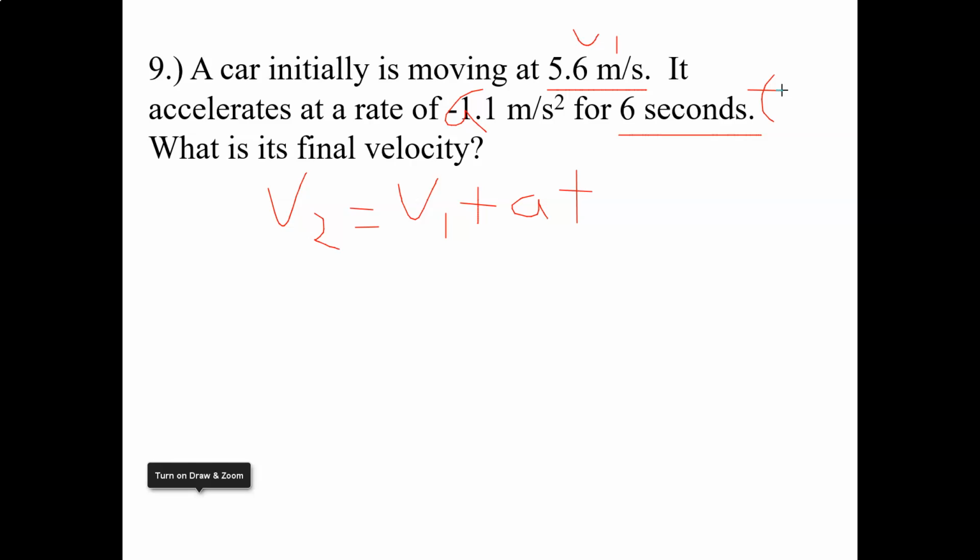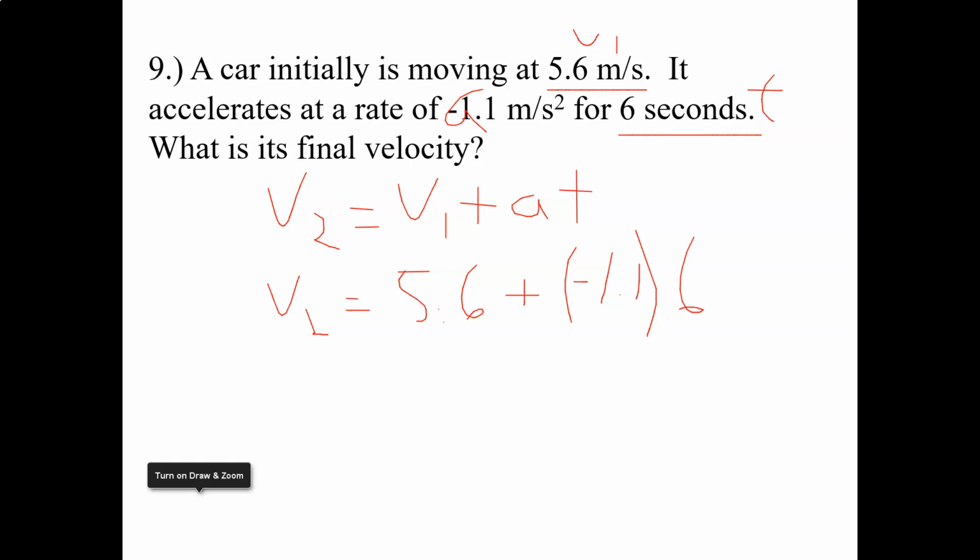I'll give you both forms on the test. You do not have to memorize equations in this class, but you have to know how to use them and do the algebra. Okay, so v2 equals v1, which is 5.6, plus a, which is negative 1.1, times t.